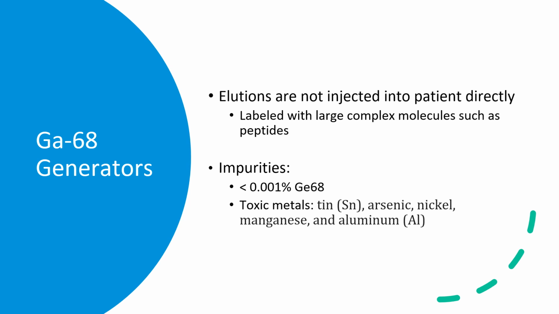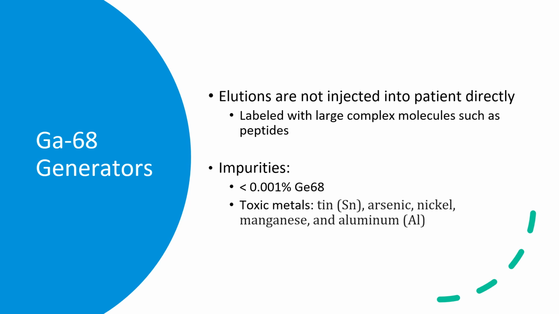Now, with the gallium generators, the elutions are not injected directly to the patient. They're labeled with large complex molecules such as peptides, and so there's a little bit more manipulation that needs to be done to produce the radionuclide, and so it ends up being made as a cold kit, similar to the way we make other radionuclides in general nuclear medicine.